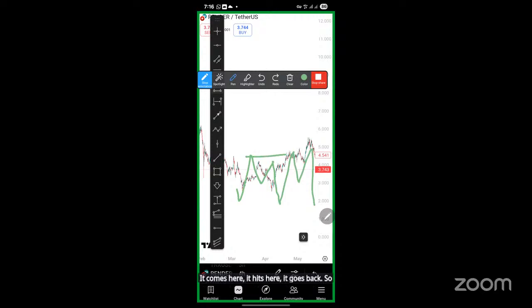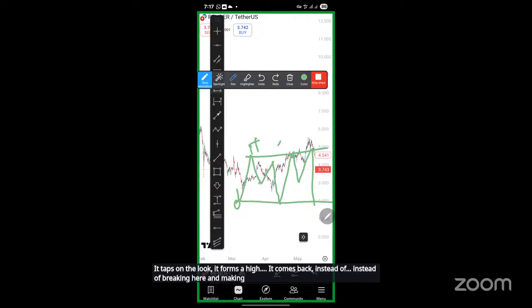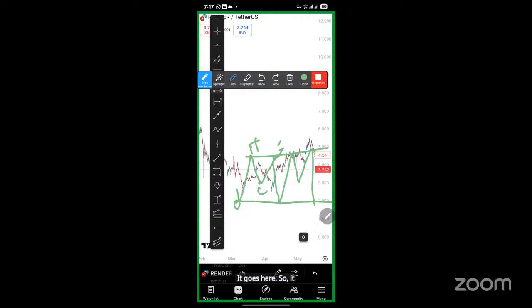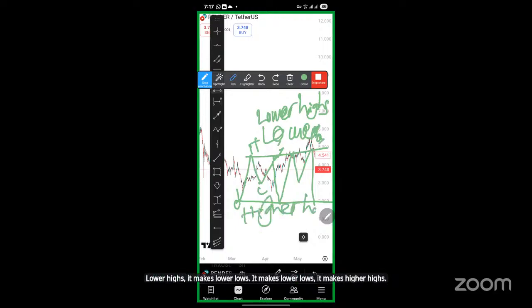So market is like this. It taps on the low, it forms a high, it comes back. Instead of breaking here and making a high, it comes back, it makes a low. So it makes a combination of lower highs, lower lows, higher highs, higher lows.